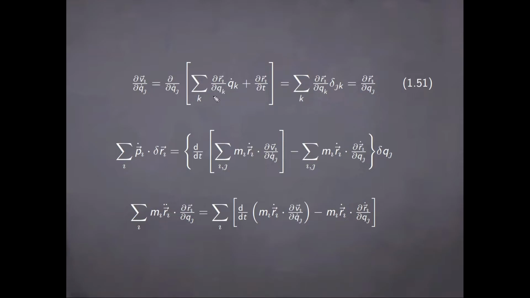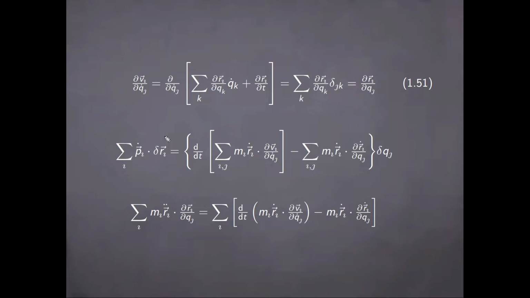And for this term, we obtain a simple contraction over the sum of generalized coordinates, so we end up with the expression here. So this partial derivative of the radius vector is equal to this partial derivative of the velocity vector.